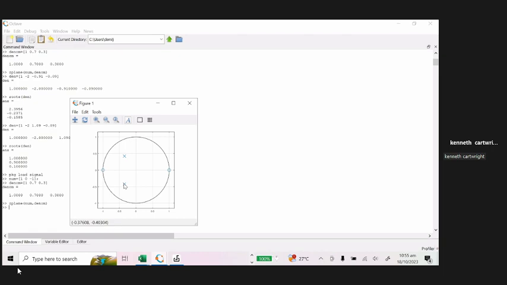You can read that value right there. That's why I made it smaller. Again, everybody see the bottom left hand side of the figure 1. When I move my cursor to the pole, it reads the value of that point.